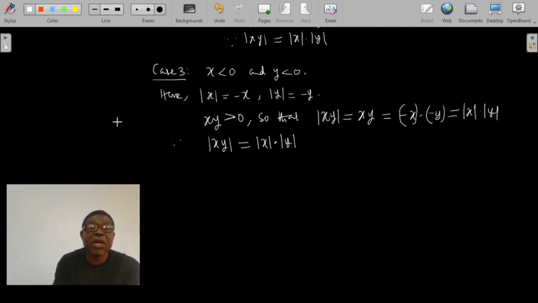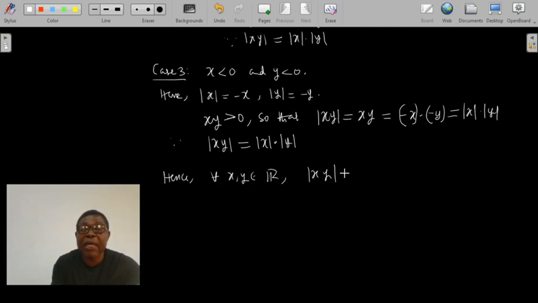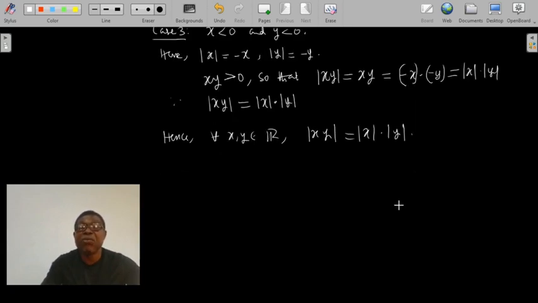Now, having gotten all these things, we can conclude that for any x, y we pick in the set of real numbers, the absolute value of xy is equal to the absolute value of x times the absolute value of y.